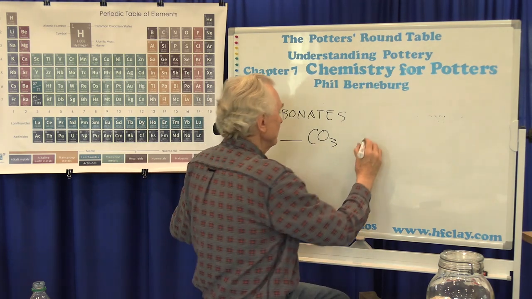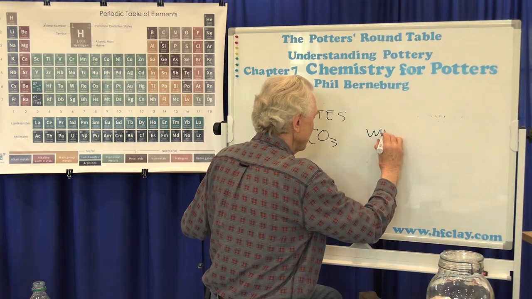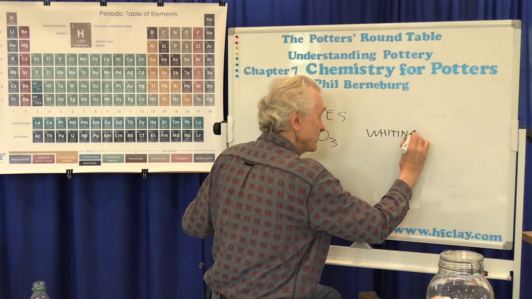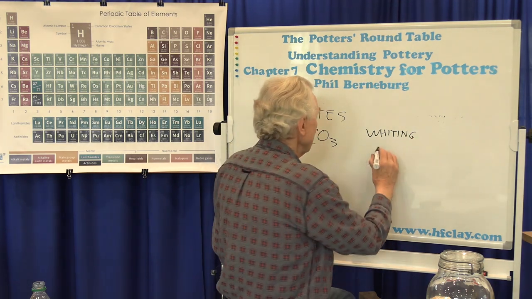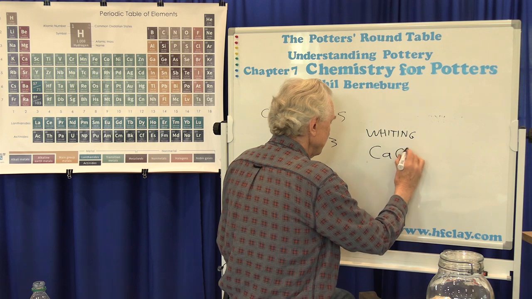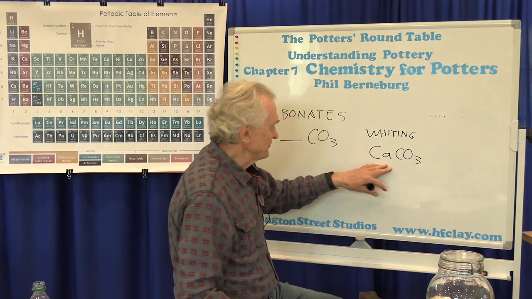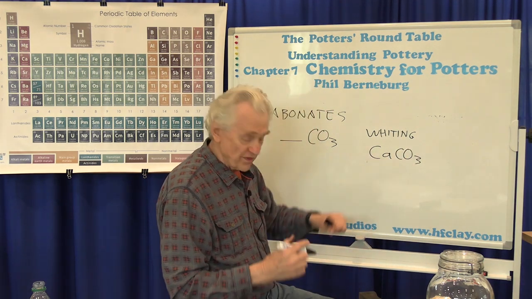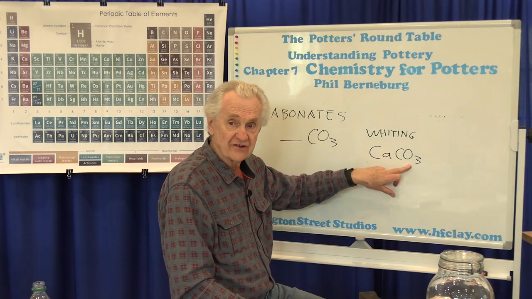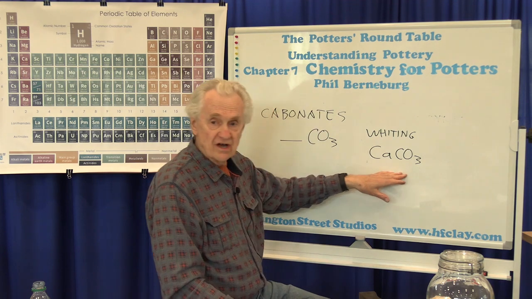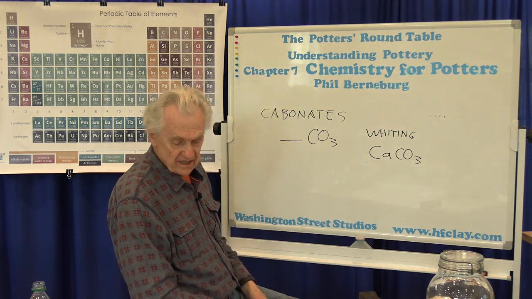A really good example is whiting, a very common glaze ingredient, which is also known as limestone, and that's calcium carbonate. The formula for whiting is 1 calcium atom, 1 carbon atom, and 3 oxygen atoms. So that's a compound of 3 different kinds of elements.